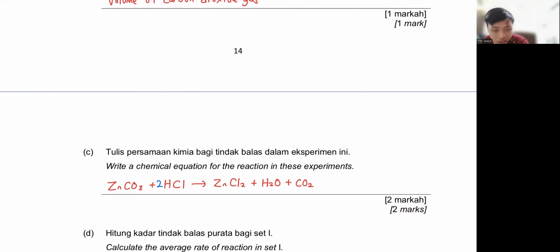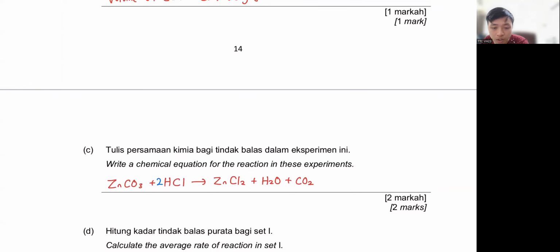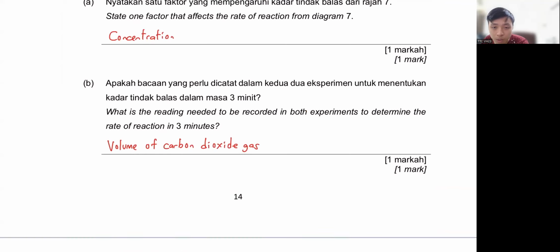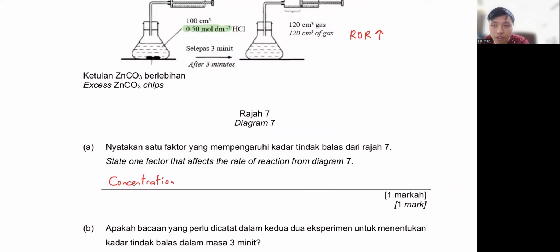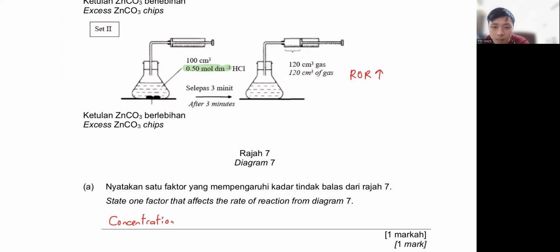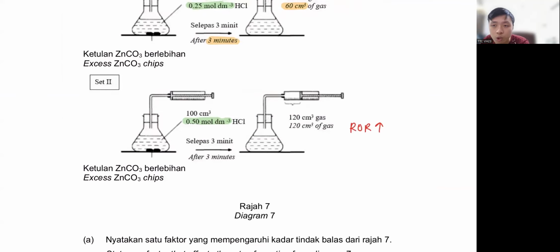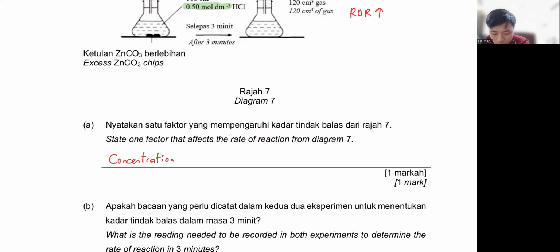Calculate the average rate of reaction in set 1. So for set 1, what's the volume? Rate of reaction is always volume per time or mass per time. But here normally they don't have mass. Normally they got mass, but sometimes they will come out with volume mainly. So volume for set 1 is 60 cm cube, in 3 minutes. If you want to convert to seconds, times 1 minute equals 60 seconds.